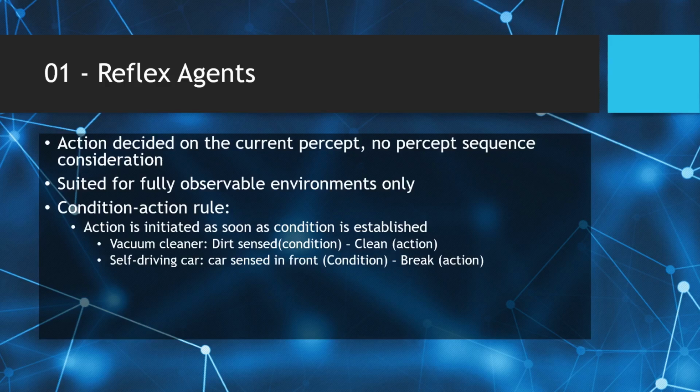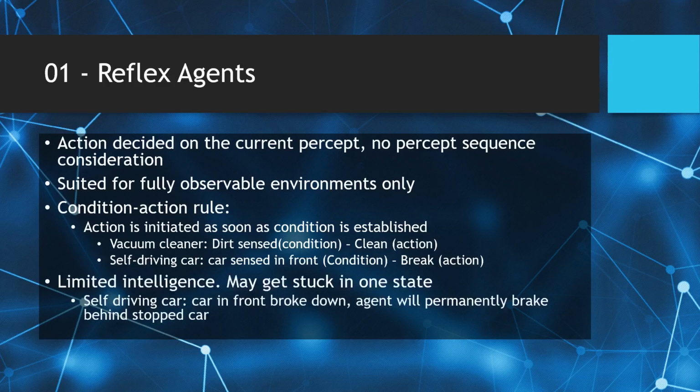Like for example, in the case of a vacuum cleaner, if the condition is met that there is dirt present, perform the action of cleaning. Or in the case of self-driving cars, if the condition is met that a car is sensed in front, perform the action of braking. Because reflex agents are quite simple, the intelligence is also limited.